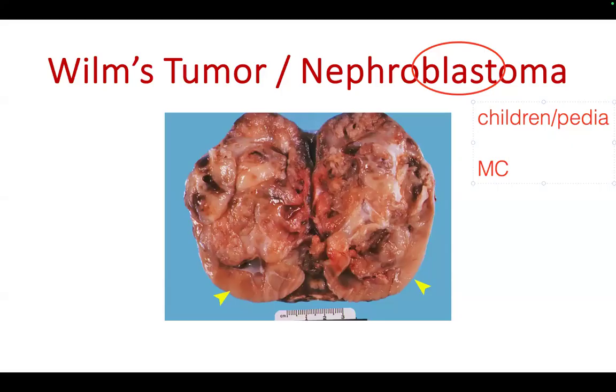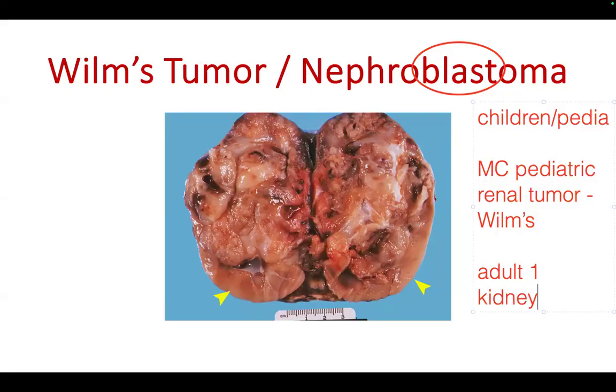So what is the most common pediatric renal tumor? The answer is Wilms. What about in adults? What is the most common primary kidney tumor in adults? Very good. It is renal cell CA, particularly clear cell.